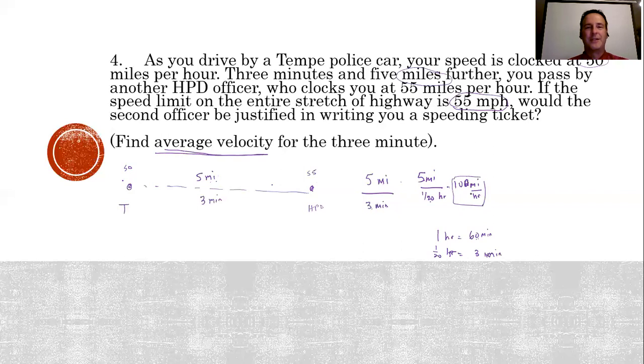And so yes, the police officer has a right to give you a ticket, because this is your average velocity, which means somewhere between your A point and your B point, you definitely broke the speed limit.